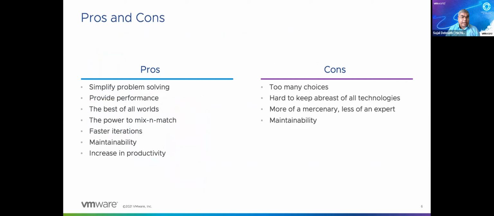So what are the advantages and disadvantages of polyglotism? Let's look at the advantages first. So it simplifies the problem solving because a particular language is generally best suitable for developing something. For example, C or C++ is best suited for developing core applications, say device drivers.